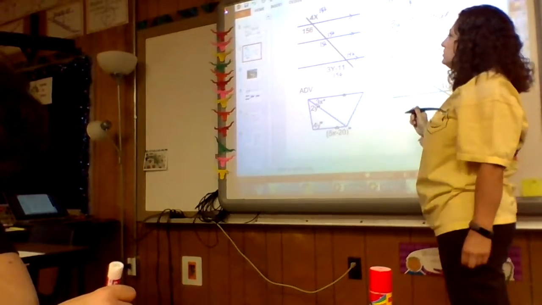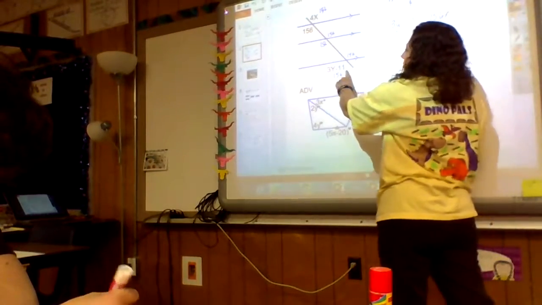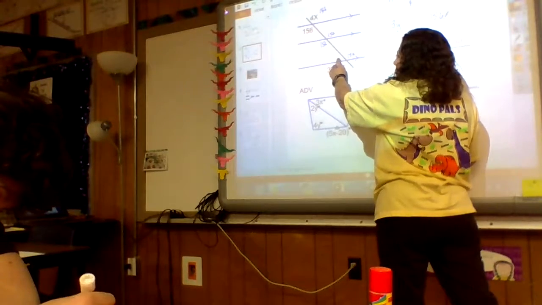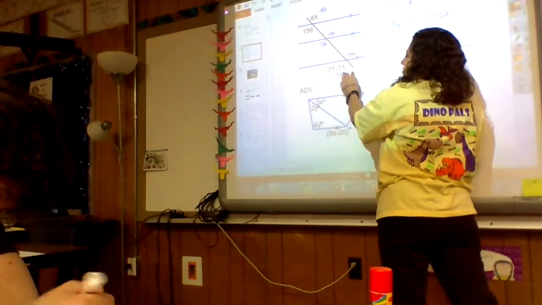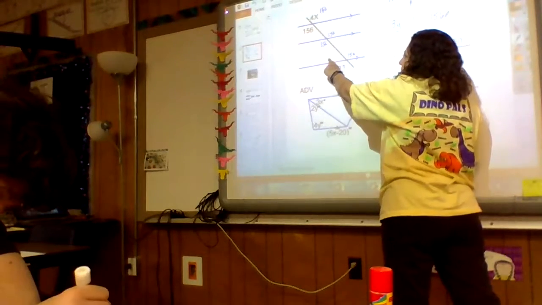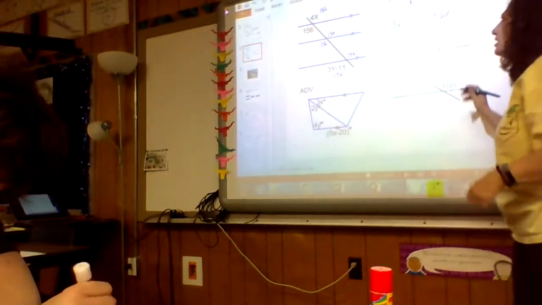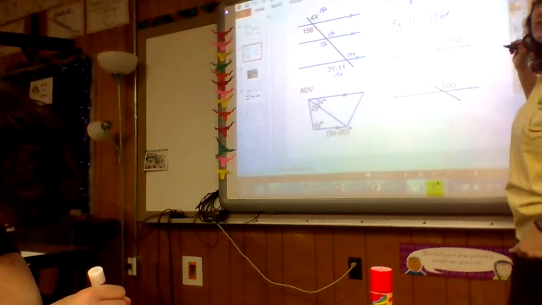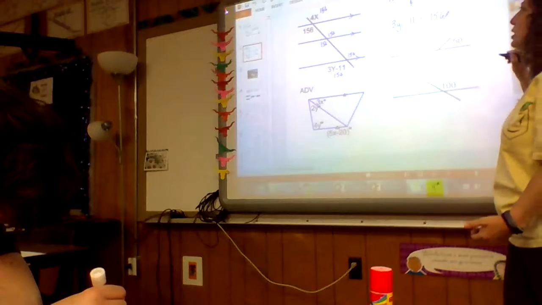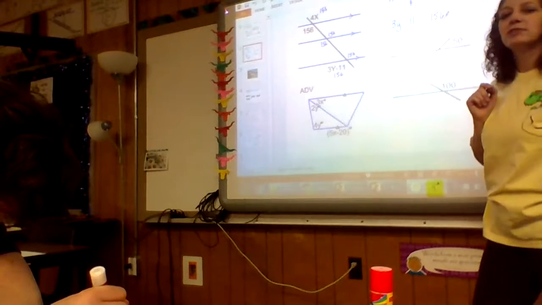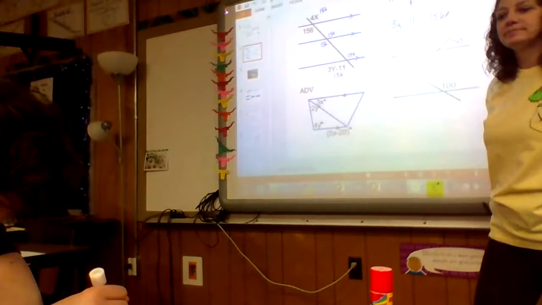All right, so as we're working these problems, if there was something sitting right in here, it would not equal the 156. You could use the 156 to find the degrees and then set up an equation. But in this case, we've added to equal 156. We set it equal to 156, and please solve for y.